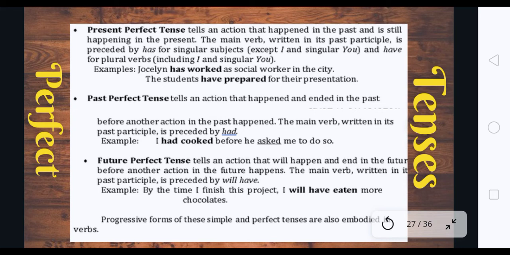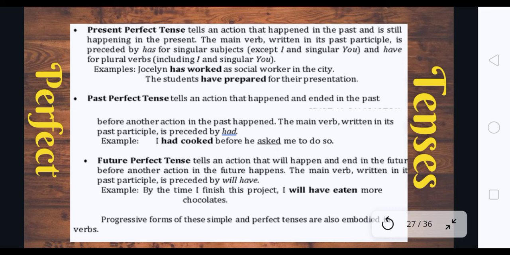The second one, students have prepared, since students are the subjects. We are going to use the plural form of the present perfect tense, have prepared, which is the past participle of the word prepare.